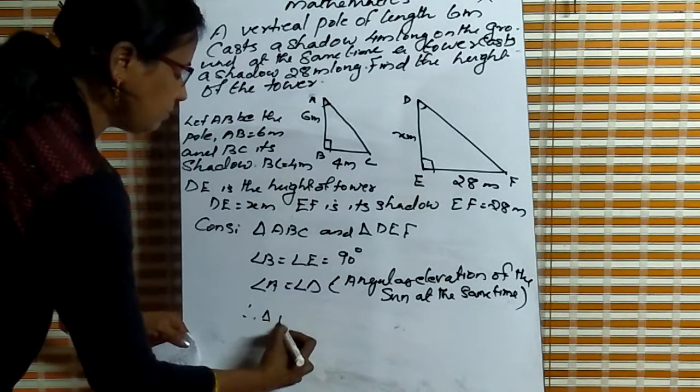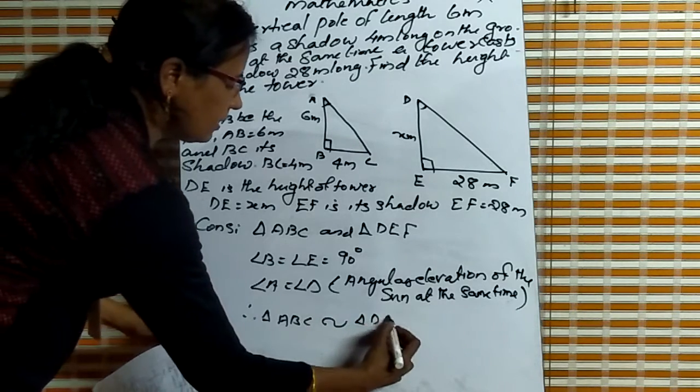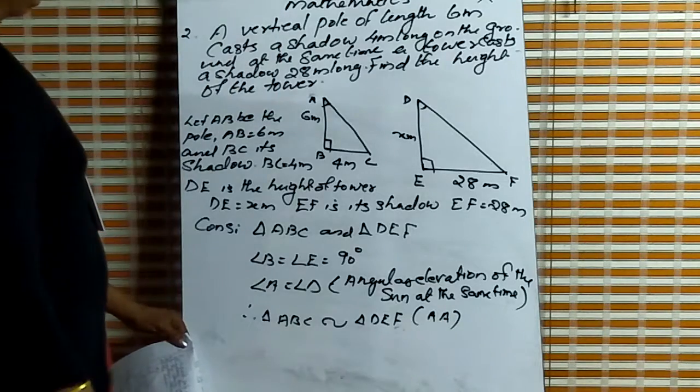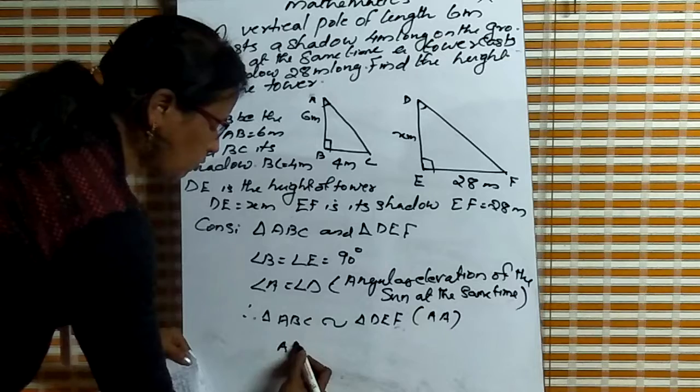Therefore, triangle ABC is similar to triangle DEF by AA similarity criteria. So, corresponding sides are proportional.